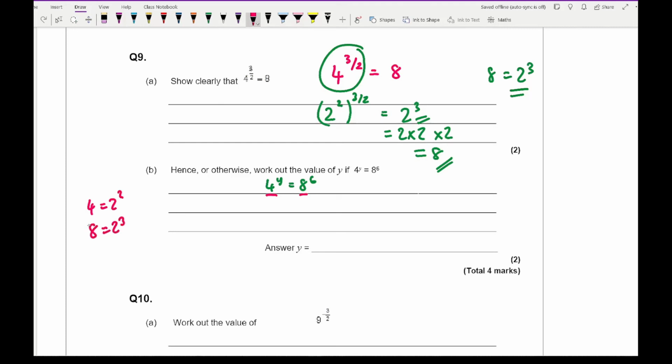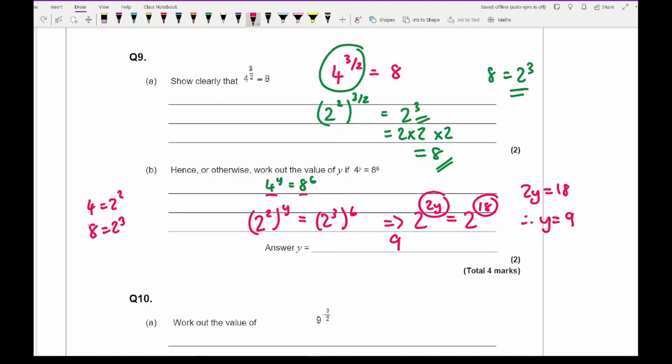So rewriting this, we get 2 to the power of 2y equals 2 to the power of 3 to the power of 6. Now expanding those brackets out, we get 2 to the power of 2y equals 2 to the power of 18. So 2y and 18 must be equal. So therefore y must equal 9.